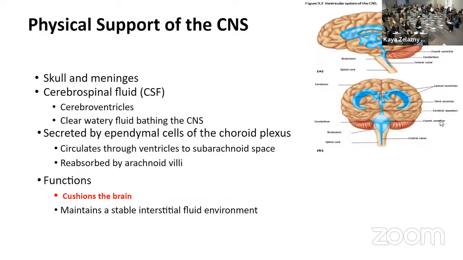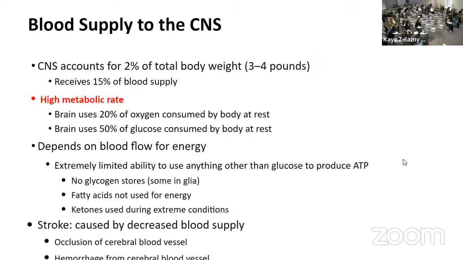It eventually goes back into your veins, so it gets reabsorbed by arachnoid villi, which are just projections of the arachnoid. So basically, you want to know, it exists, it's important, it's in ventricles, and it's made by ependymal cells. This is the level we kind of want to be at. So we're cushioning the brain physically and maintaining that stable interstitial fluid environment for our cells in our central nervous system.